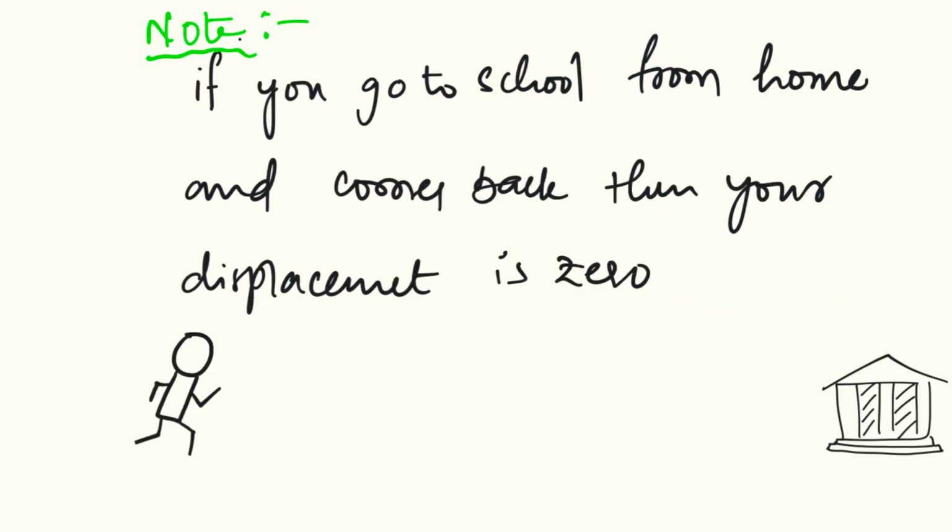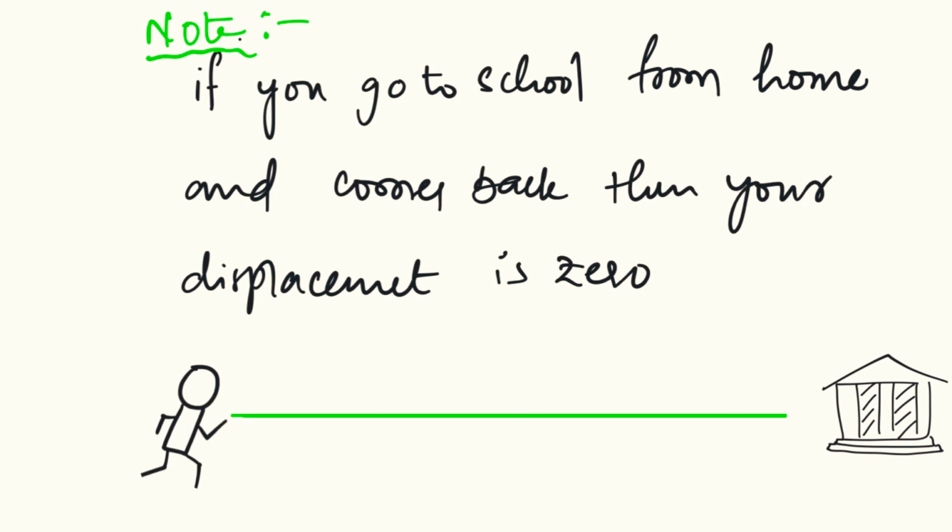Then, if you go to school and then come back, your displacement would become 0. You know, you are moving this way and then again you are coming back. So your total displacement would become 0.